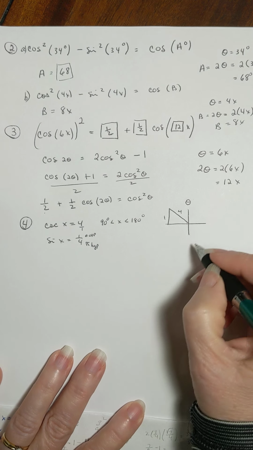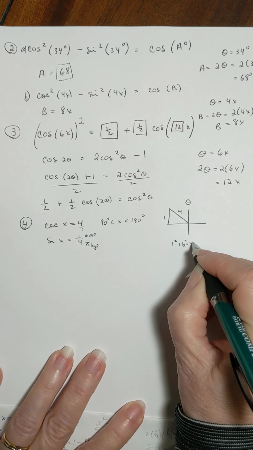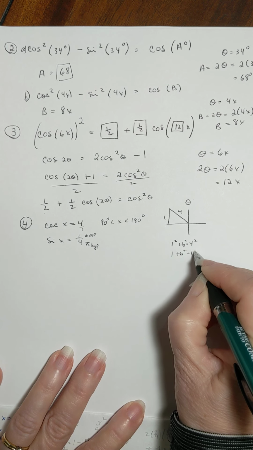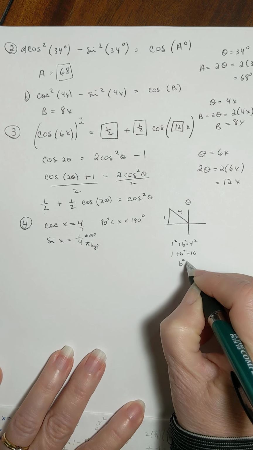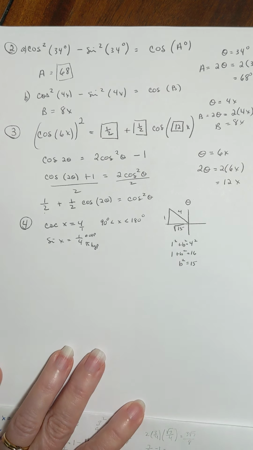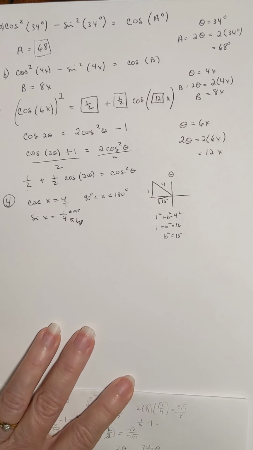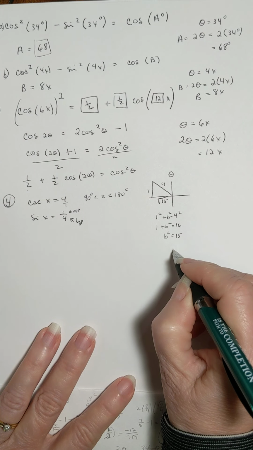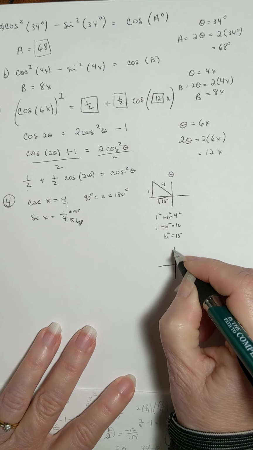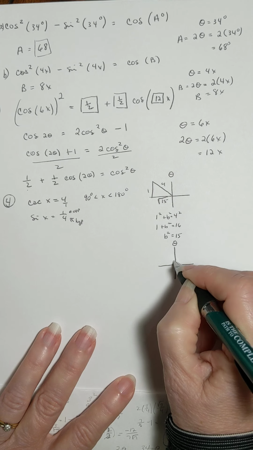And so again, 1 squared plus b squared is equal to 4 squared. So 1 plus b squared is equal to 16. So b squared is equal to 15. So this would be the square root of 15.